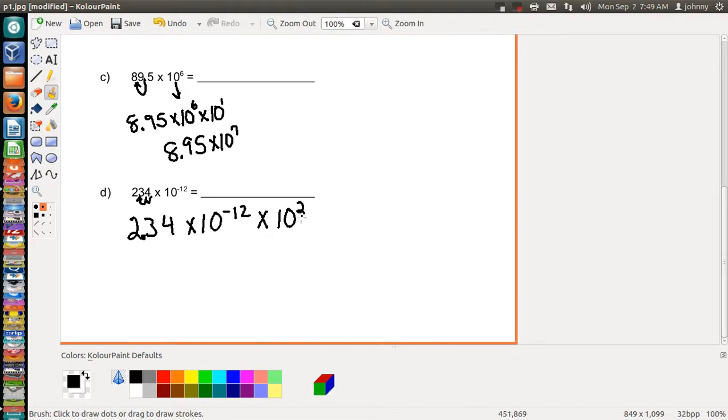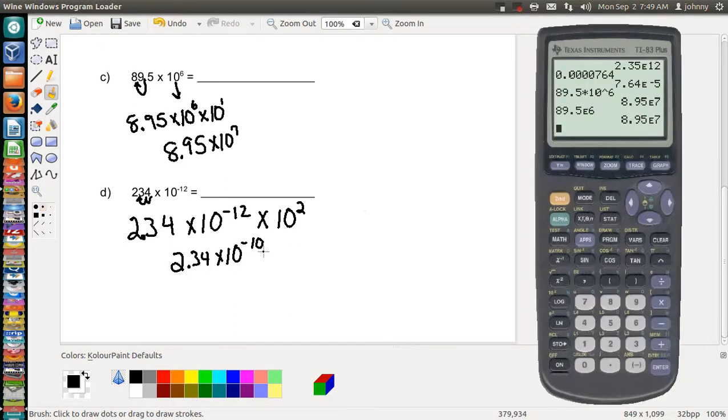Okay, now to write this correctly, all you need to do is write 2.34 times 10 to the negative 10, because remember, this is negative 12 plus 2, so we're still in the hole by 10. Okay, now to check yourself on the calculator once again, get your TI-83, punch in the numbers that they've given you, which is 234, and then hit times 10 or second comma E to the negative, there's the negative sign, 12. Okay, press enter and notice that we get 2.34 times 10 to the negative 10.